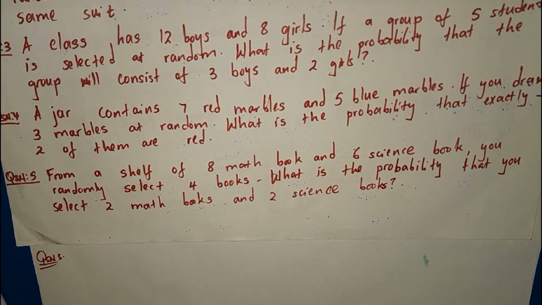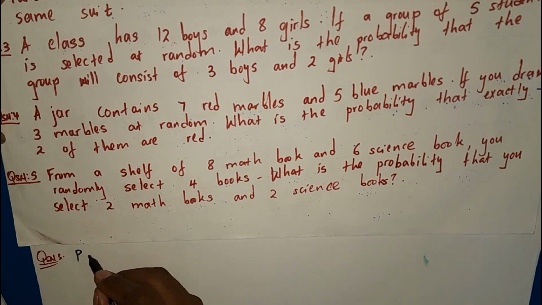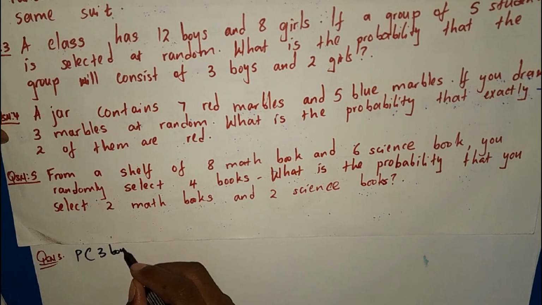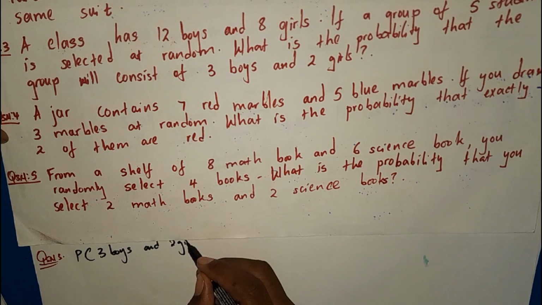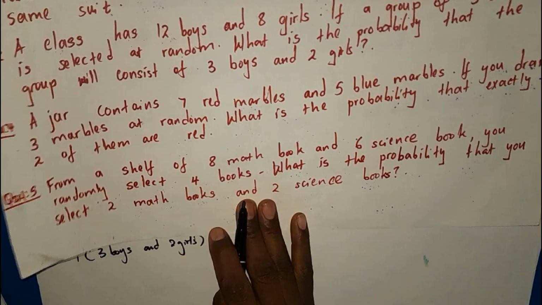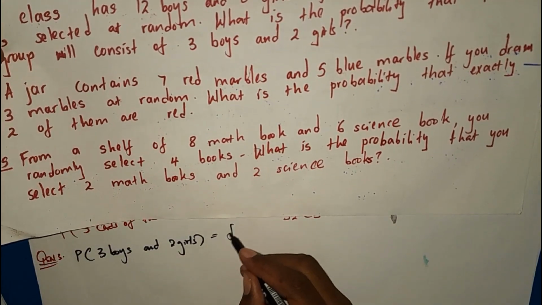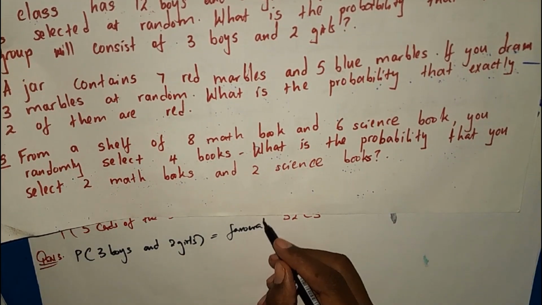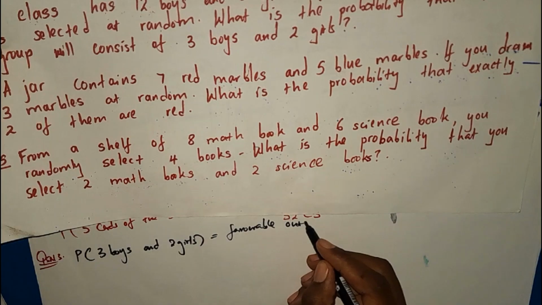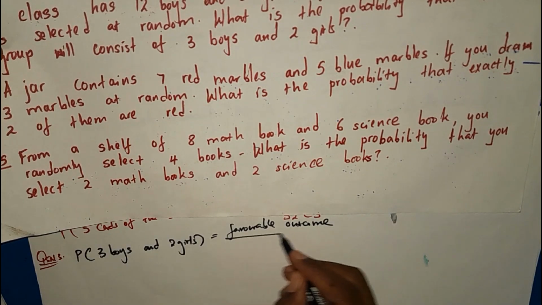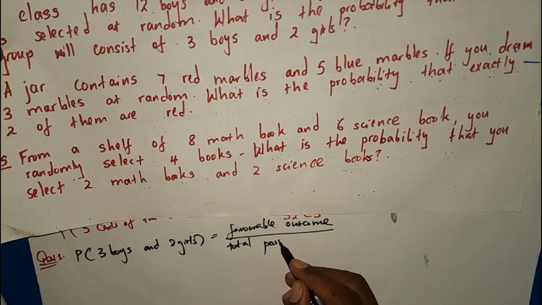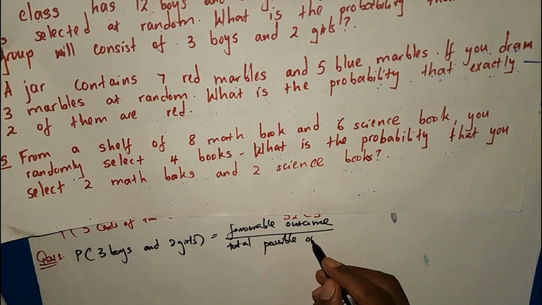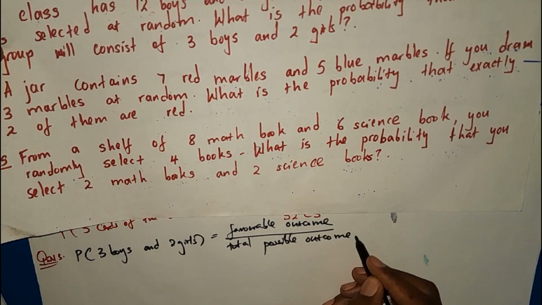So let us first write the formula. The probability that the group will consist of 3 boys and 2 girls is equal to the favorable outcome over the total possible outcome.